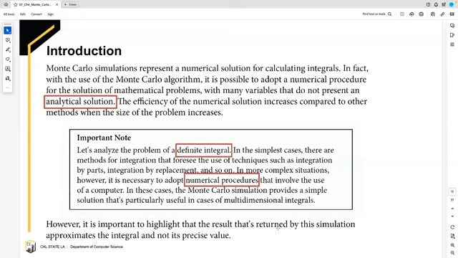And this is one of the cases. Finding the integral can be pretty complex. So in this example, we are going to analyze the problem of a definite integral. You remember what a definite integral is? Anyone? Definite or indefinite?